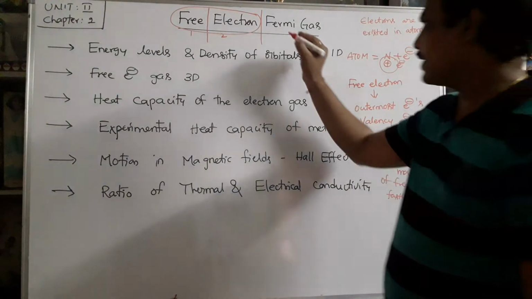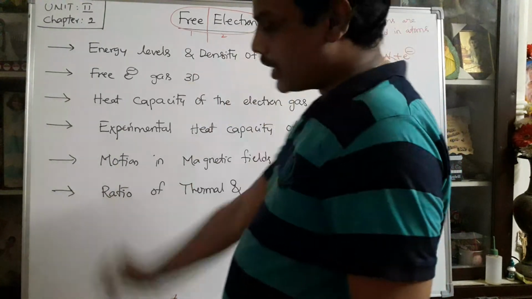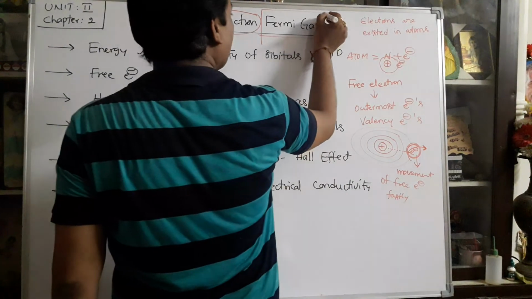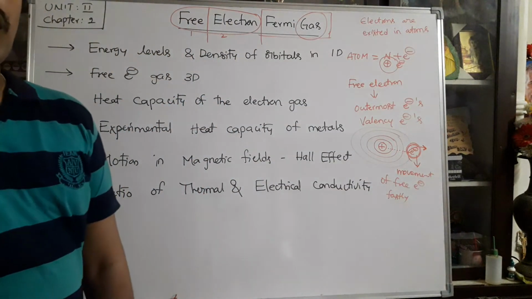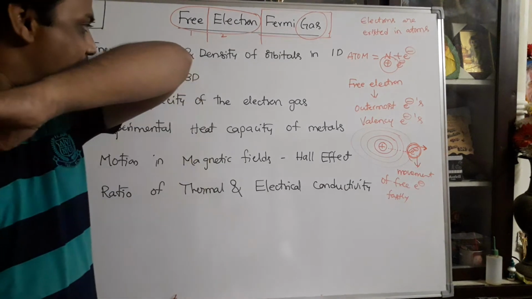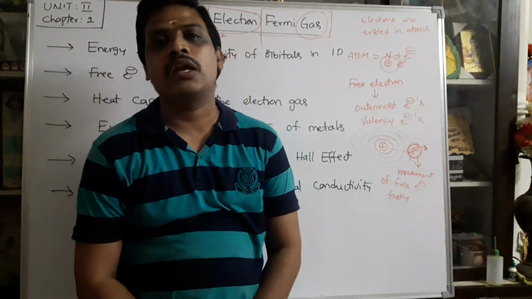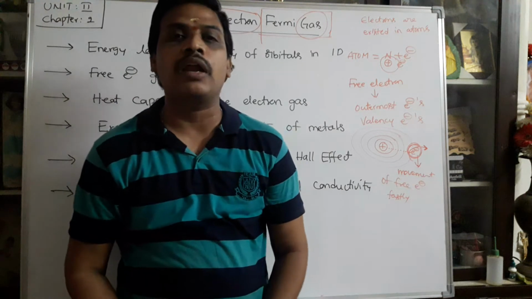What is the next word? The next word is Fermi gas. What is Fermi gas? First, what is a gas? According to the kinetic theory of gases, a gas is one in which the atoms or electrons exist in a free state, with no influence from neighboring electrons and atoms.